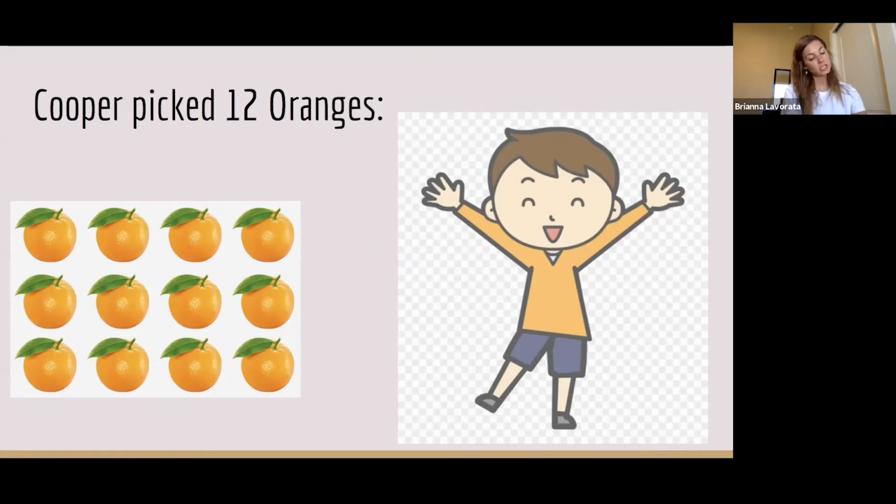Okay, so I just drew 12 oranges. Okay, when you get to the number 12, go ahead and stop there. Don't move on.